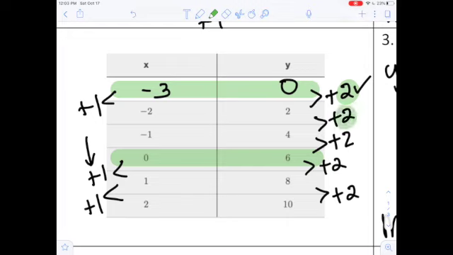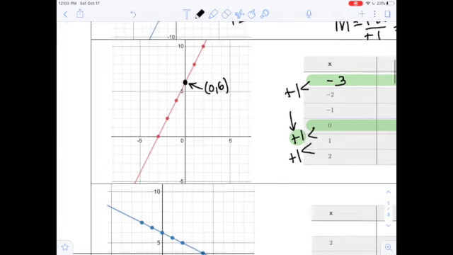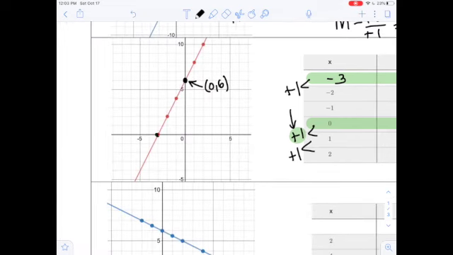We found our slope, which was plus 2 over here, and we used it to go backwards. Then we found our slope over here, and we used it to go backwards. So that's how we got our -3. So there is our x-intercept at (-3, 0).